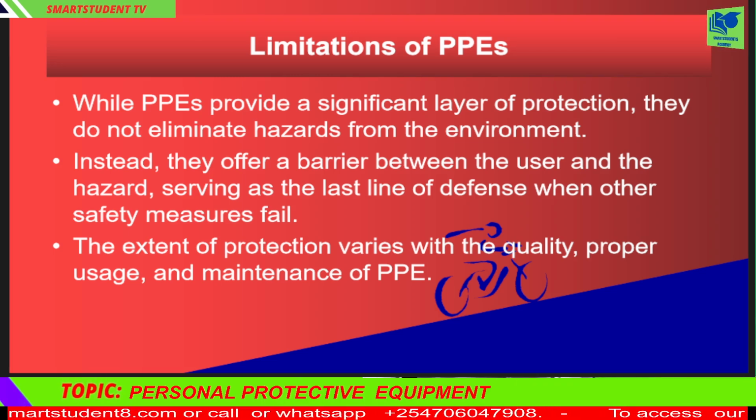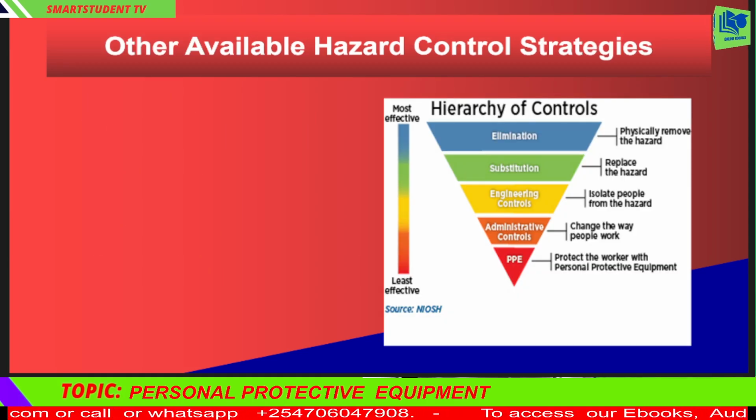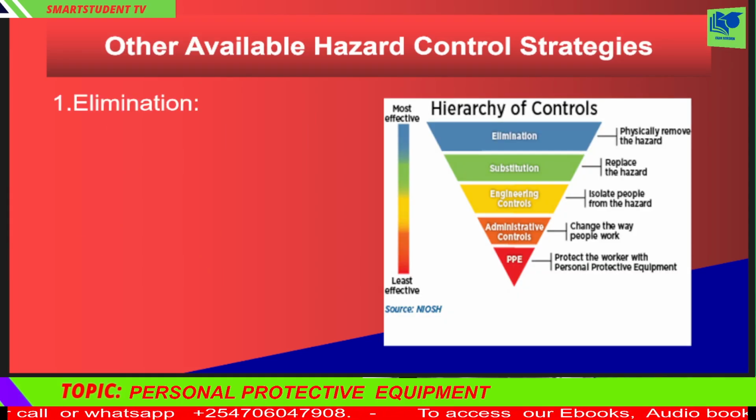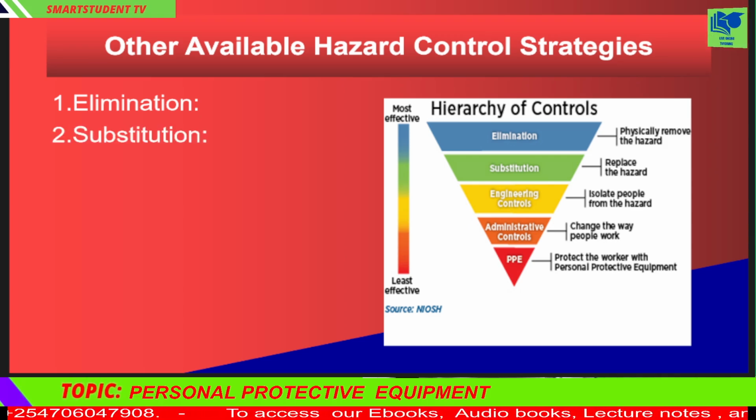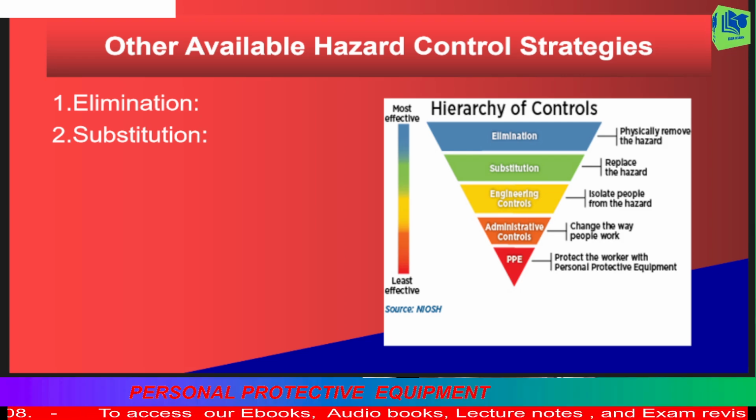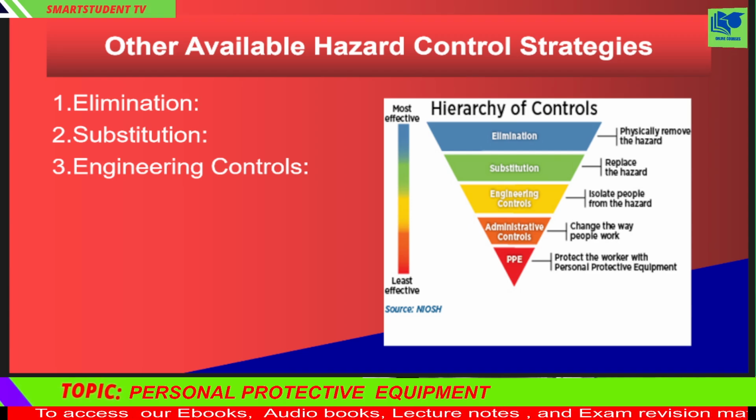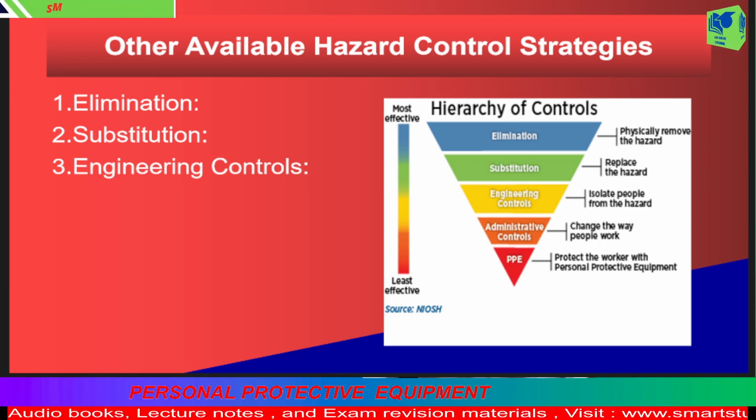Before resorting to PPE, consider implementing the following hierarchy of controls. 1. Elimination. Remove the hazard entirely from the environment. 2. Substitution. Replace hazardous materials or processes with less dangerous alternatives. 3. Engineering controls. Use equipment or processes to isolate people from the hazard, e.g., fume hoods, ventilation systems. 4.